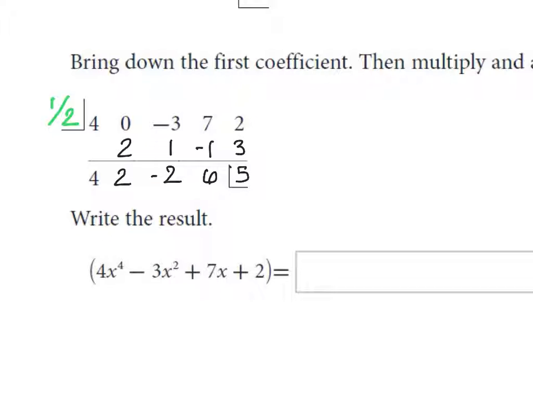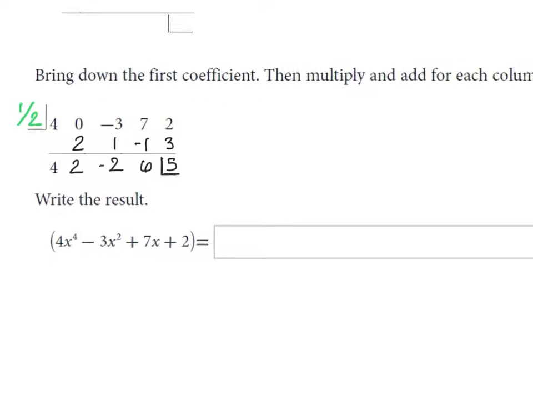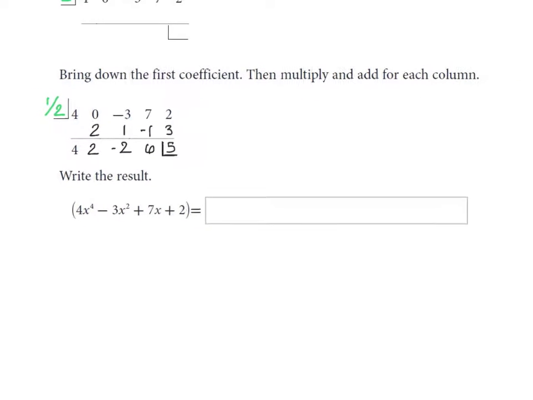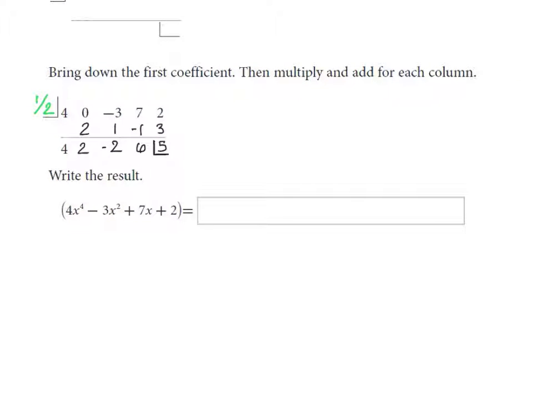And notice your book's already put that square in there for you. So 5 means it's going to be our remainder. So I'm going to have you actually write the answer a little bit different than what your book is asking you to do. I'm going to cross off this left side, and we are going to simply write the quotient. So we have 5 as our remainder. I'm going to start with the 6.